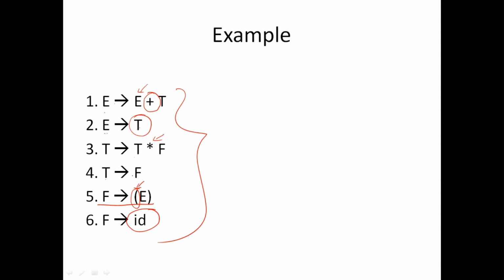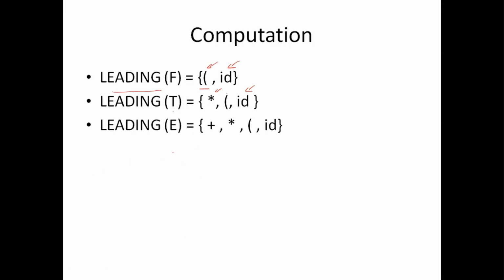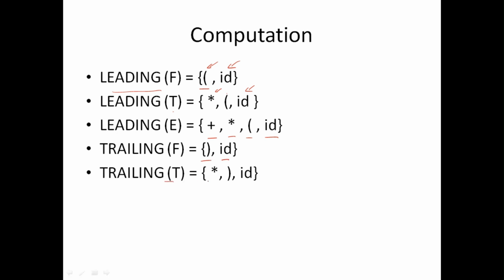T is rewritten as F, so all those symbols which are in leading of F are going to be in leading of T, including this asterisk. So leading of E is plus, asterisk, opening parenthesis, ID. Similarly, we compute trailing of F, trailing of T, and trailing of E.